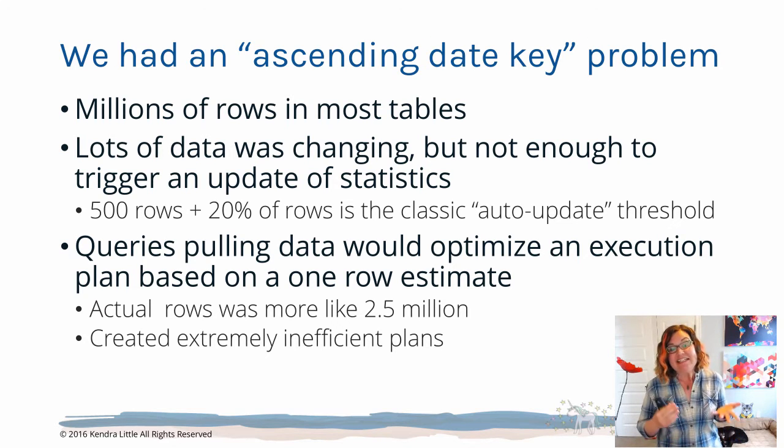If actually it's 2.5 million rows, and I've estimated I'm going to pull over 1 row but I'm actually pulling over 2.5 million rows, in a complex SQL statement that uses sorts and joins and all of this other stuff to figure out the right data to pull from a bunch of tables, I get a query plan that's designed for a tiny amount of work, and then I'm going to execute it millions and millions of times. That can be really, really slow.